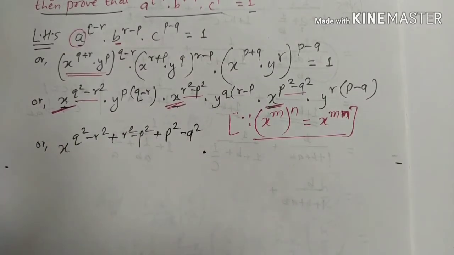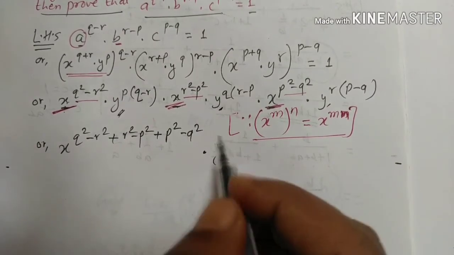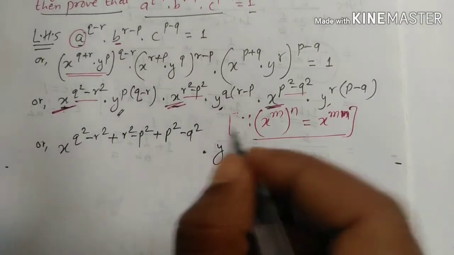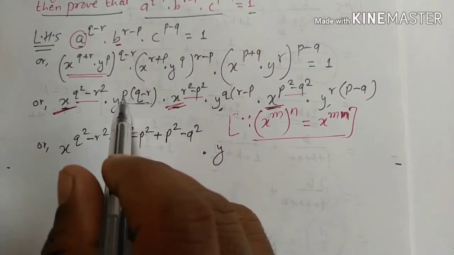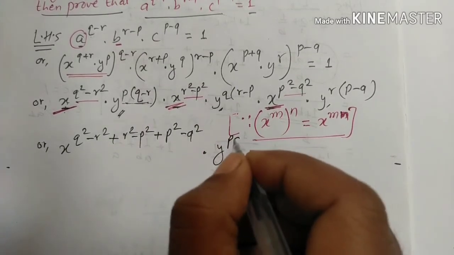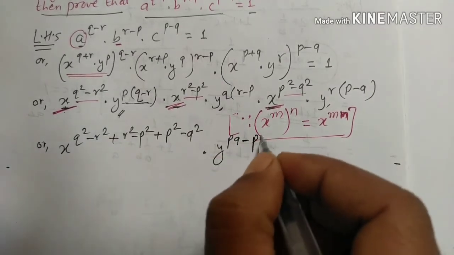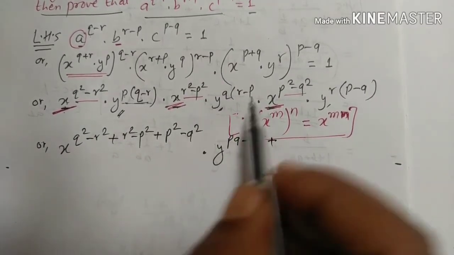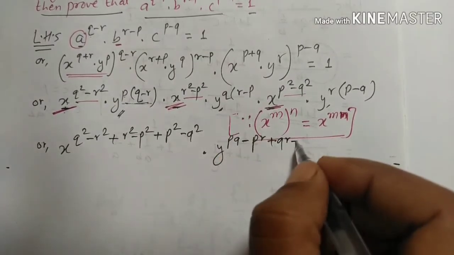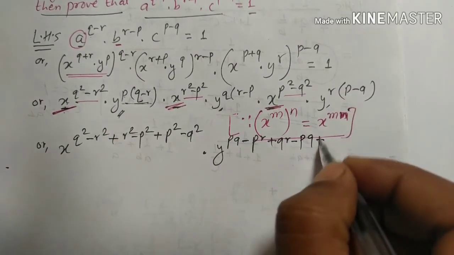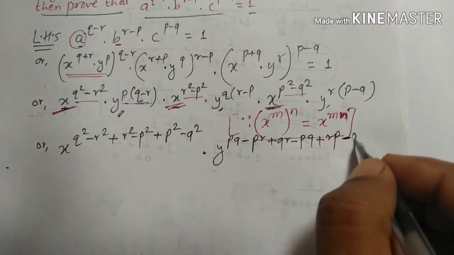Now you can see here, this is y, and this also y. One y will be common, and their powers are added. Here you can see p is multiplied with q minus r: p into q, pq, minus p into r, pr, and plus, now here q into r, qr, minus p into q, minus pq, and this one will be plus r into p, rp, minus r into q, rq.